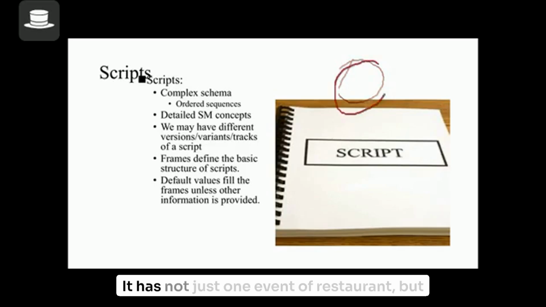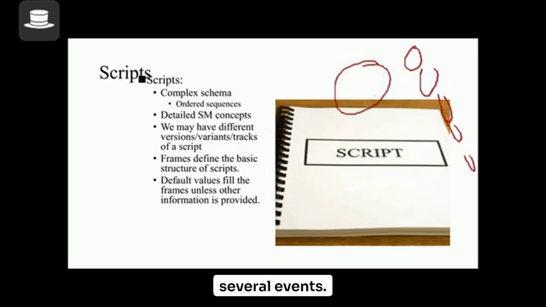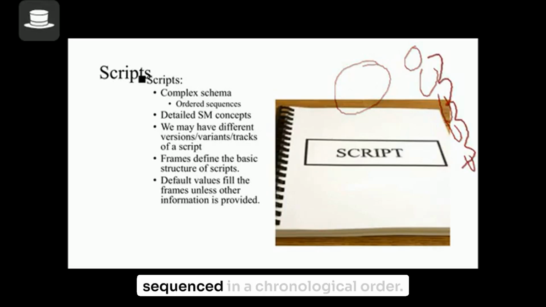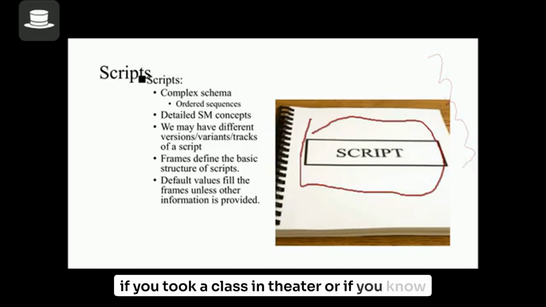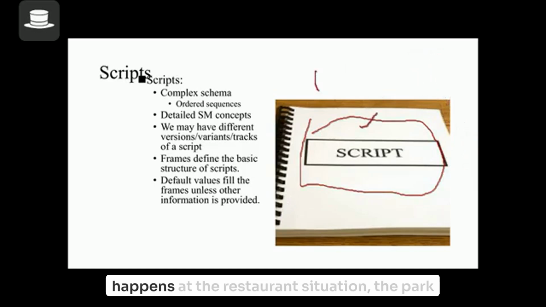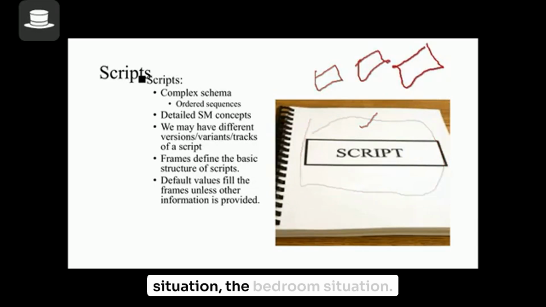It has not just one event of restaurant, but several events, and these events are sequenced in a chronological order. If you took a class in theater, or if you know acting, there's a script of what happens: the restaurant situation, the park situation, the bedroom situation.